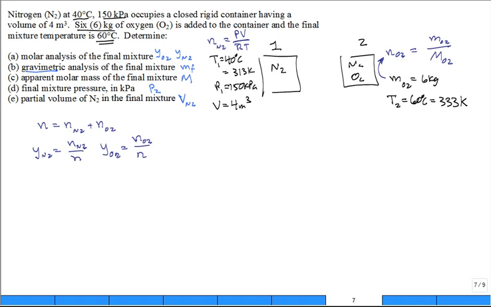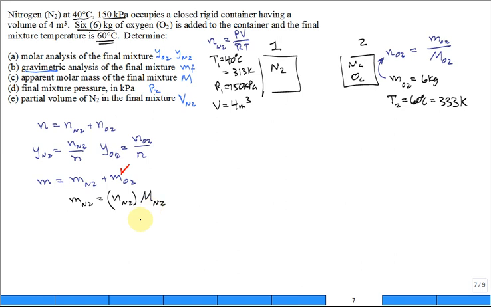What about gravimetric analysis of the final mixture? Well, I will do the same thing. I need the total mass, which is the mass of the N2 plus the mass of the O2. One of these we know right away, the mass of the oxygen: 6 kilograms was introduced. How do I get the mass of the nitrogen? You calculated already the number of moles of the nitrogen. Multiply that by the molar mass of the nitrogen.